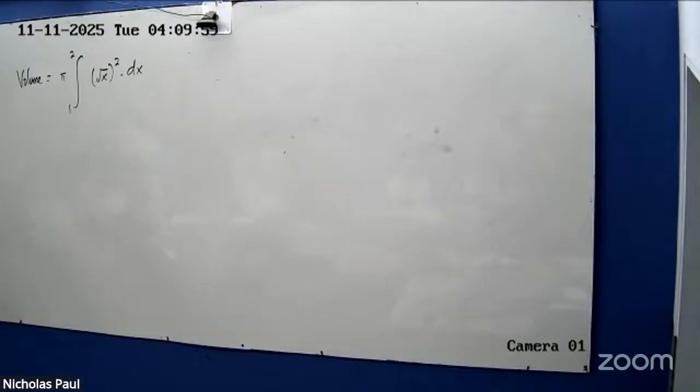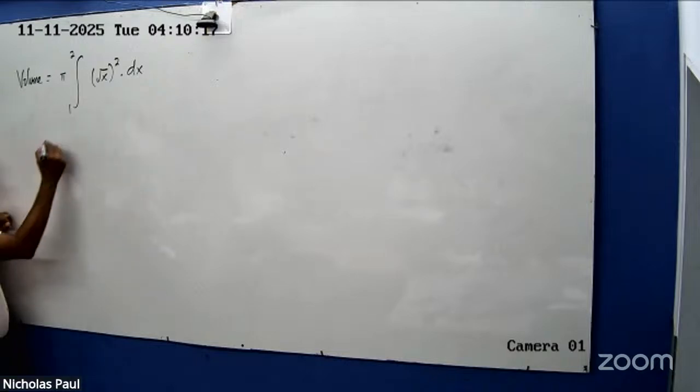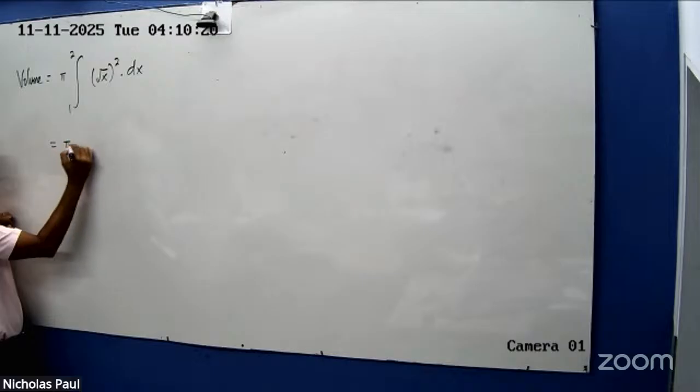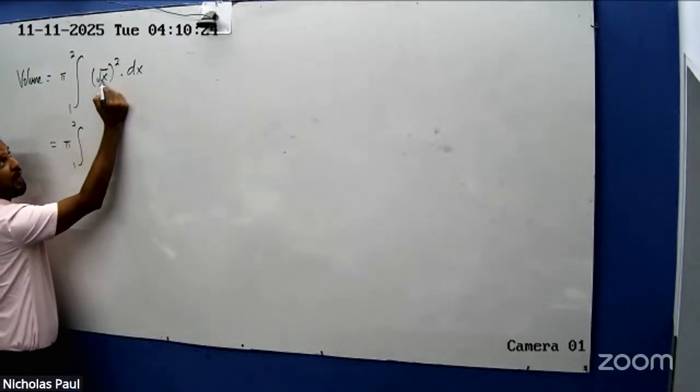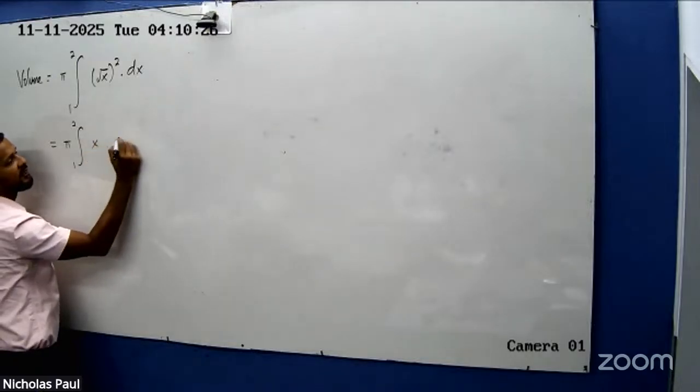When you go, what's the thing you always see? It's integrate. Let's try this one here. So this is pi. I'm not integrating yet. When you square the square root, you'll get x.